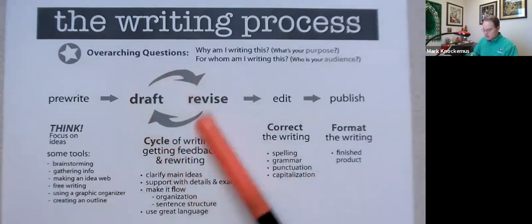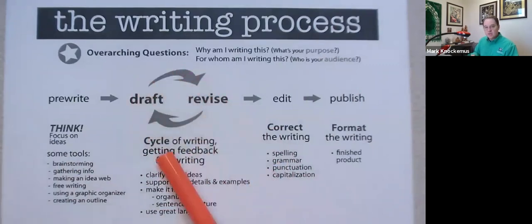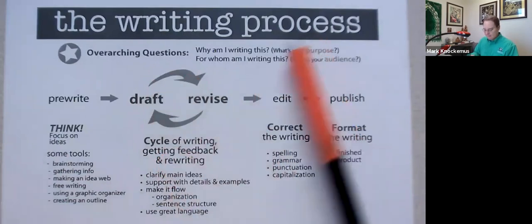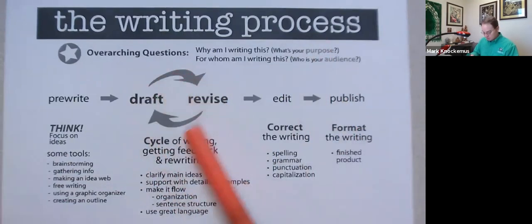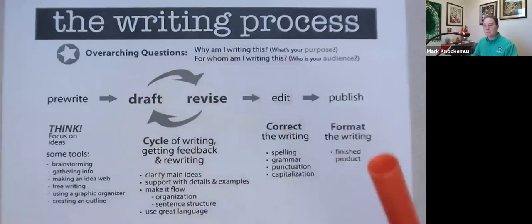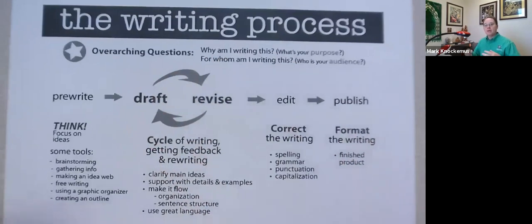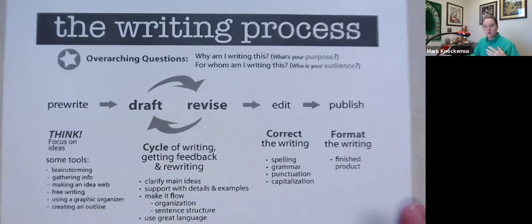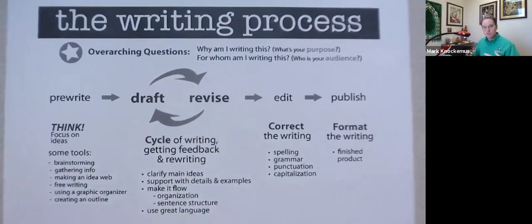And you'll see these arrows. That's to let us know that it's a cycle. It's a process. When you're in this stage, you're working on many different things, making sure that your ideas are clear, that you're paragraphing properly, that you have a good topic sentence, good support, all that stuff.